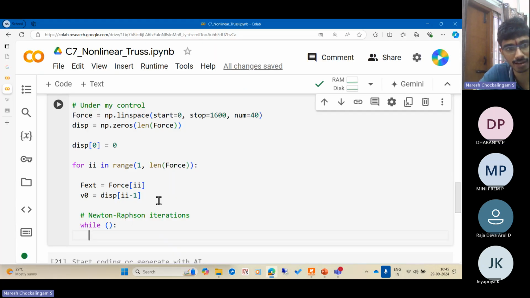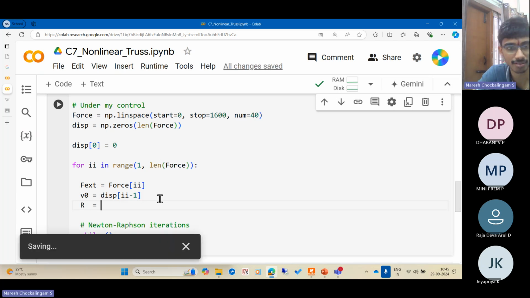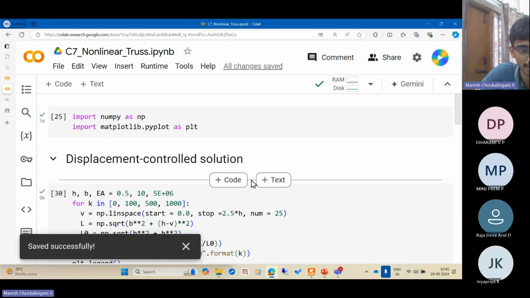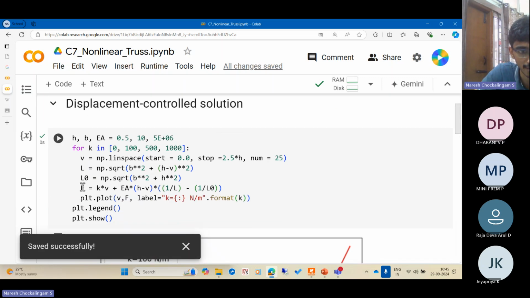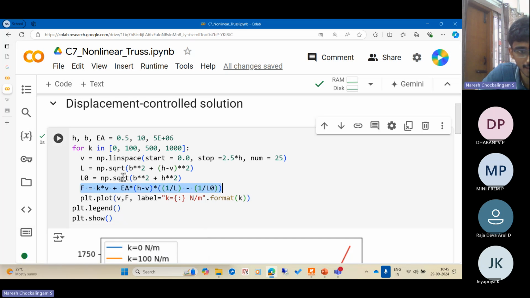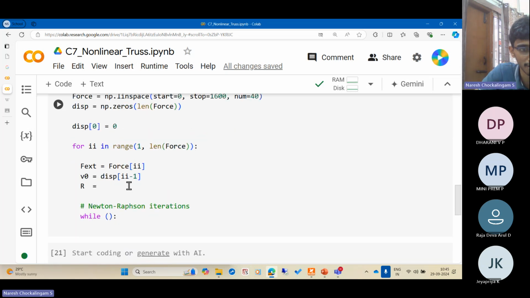So first I need to find R. So R is that expression. I'll write a function for that. R is basically this. Actually, I don't need to write a function. We're only going to use it here, right?